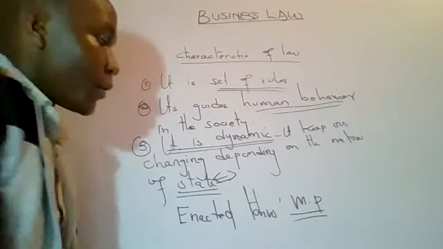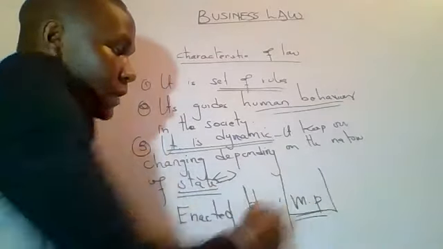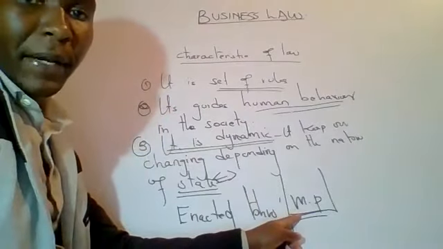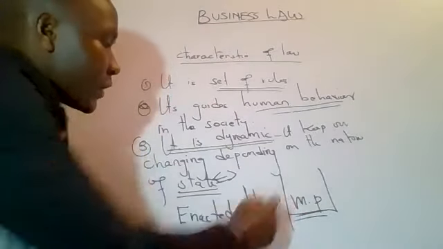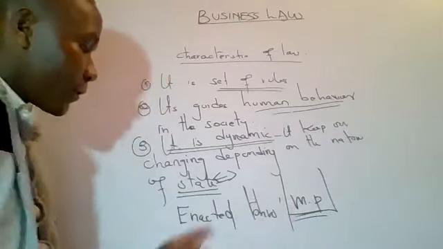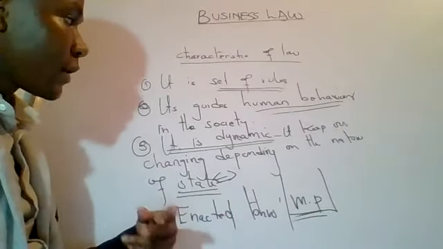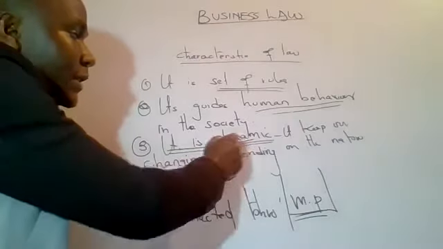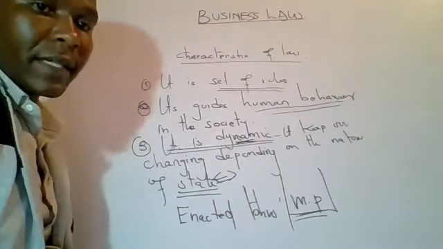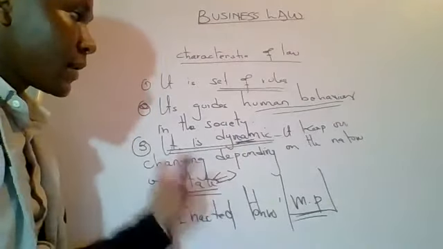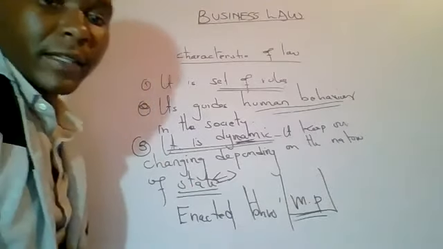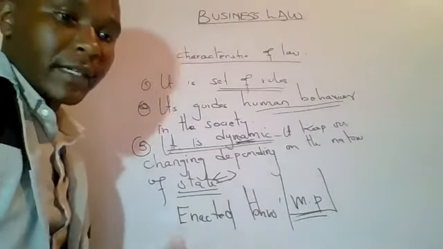That party will change the composition of the members of parliament, and this will affect the law. So they have to amend certain laws. That's why we are saying it is dynamic. It depends on the governance of the state, it is not constant.